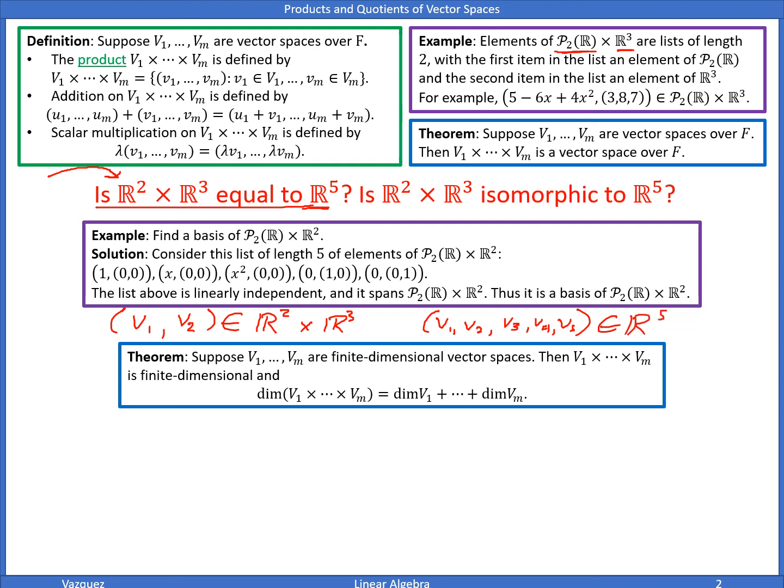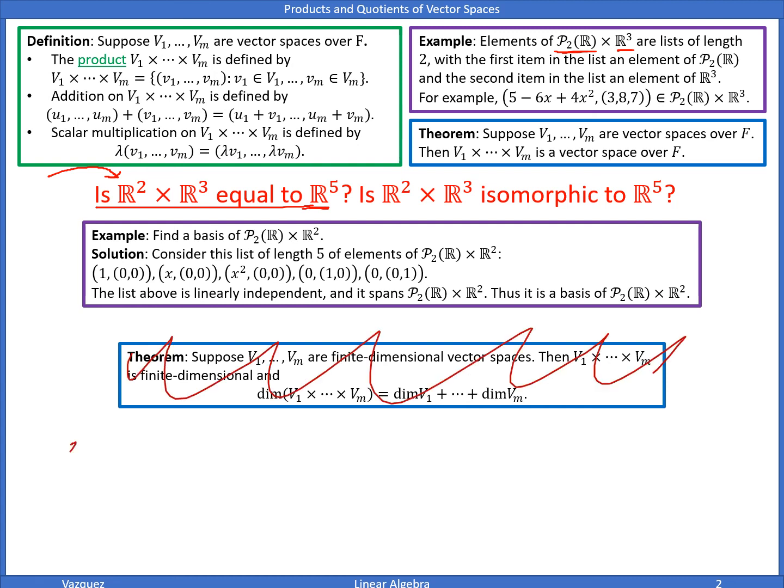They are isomorphic though, and it's exactly how you would think they are. For example, ignore this theorem for now. In R2, we have V1, V2, and in R3, I'm just going to call these V3, V4, V5. So this is in R2 cross R3.